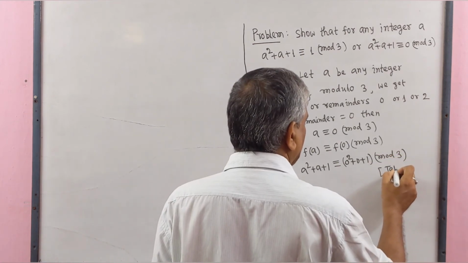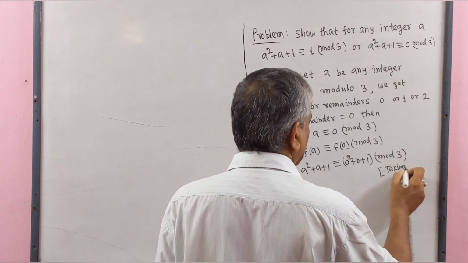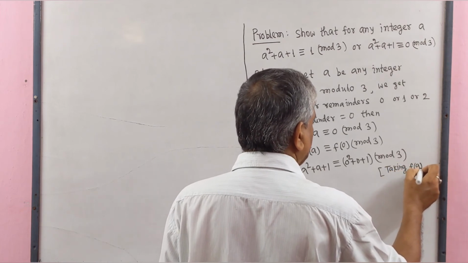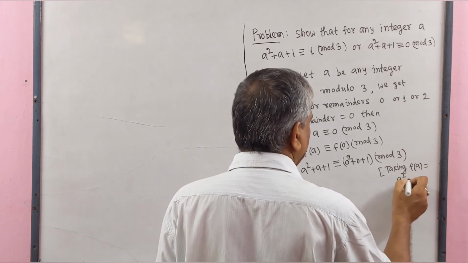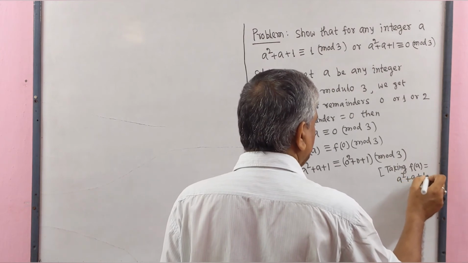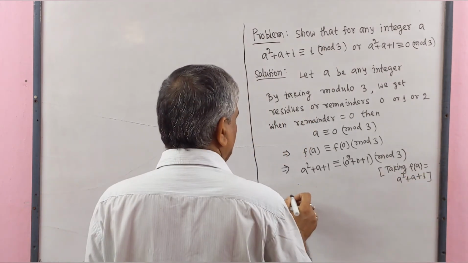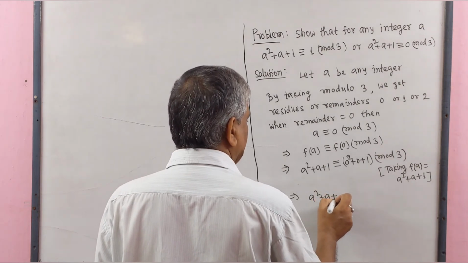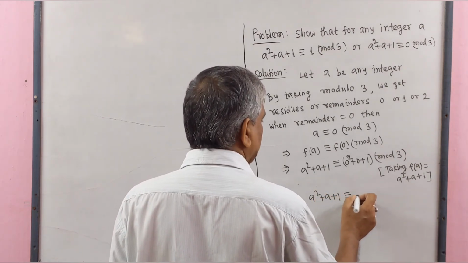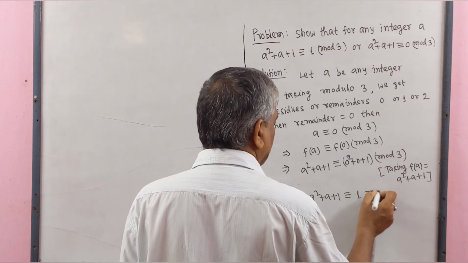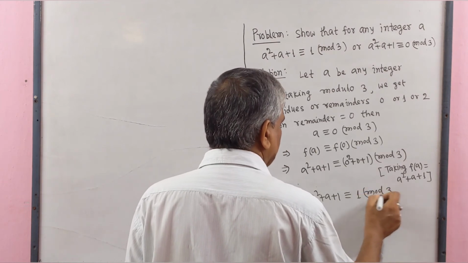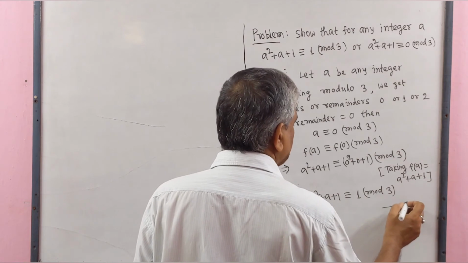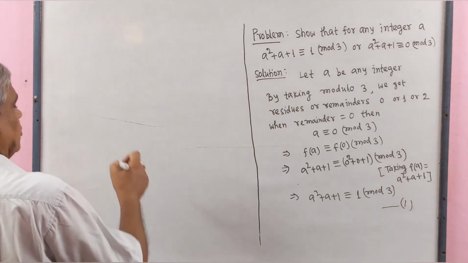Taking f(a) equal to a squared plus a plus 1, implies that a squared plus a plus 1 is congruent to 1 modulo 3. This is number 1.